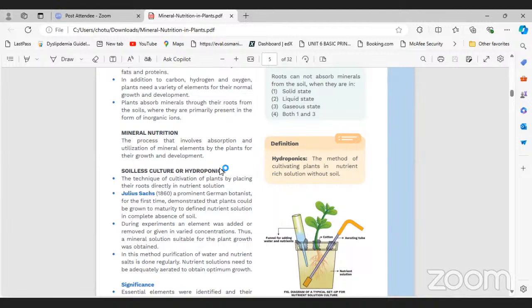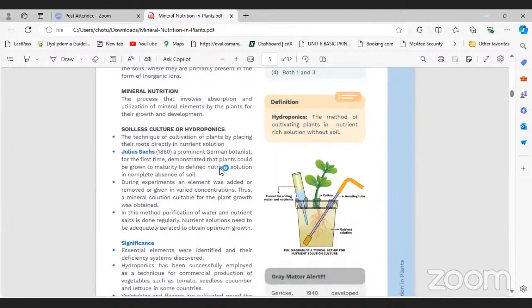During this experiment, elements were added, removed, or given in varied concentration.